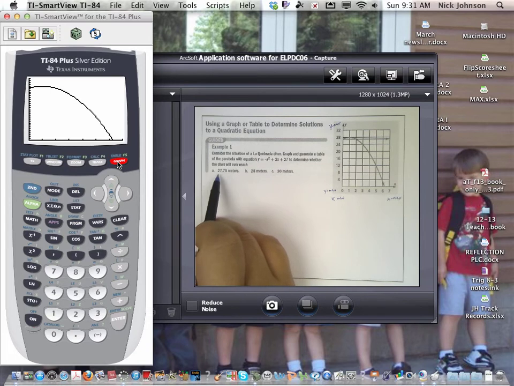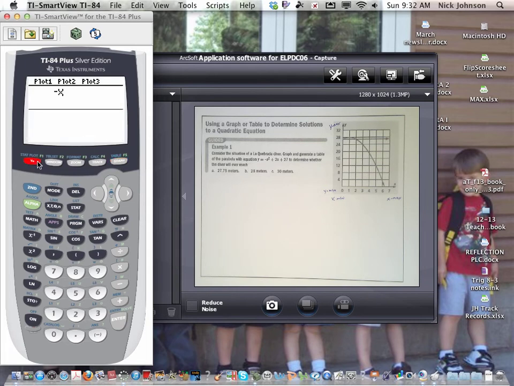Now, A says they want to know when it equals 27.75 meters. So if I go to my y equals, I'm going to put my y2 as 27.75 meters. Hit graph. As you can see, my graph is a little bit harder to see than the book's graph. Maybe if we go down to 0.5 as my scale, maybe that will help.